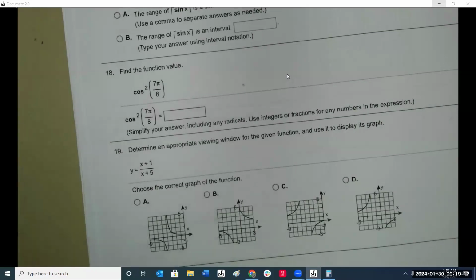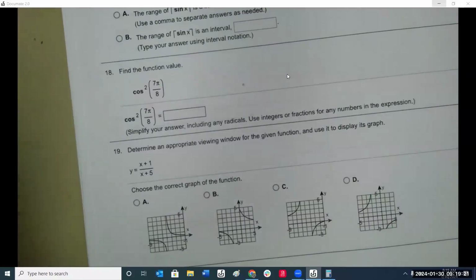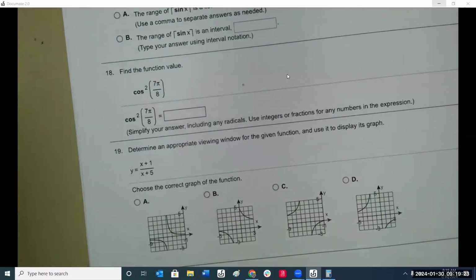All right, so where's cosine? What's the formula for cosine squared? Yeah, yes. Well, find out which sheet that's in.